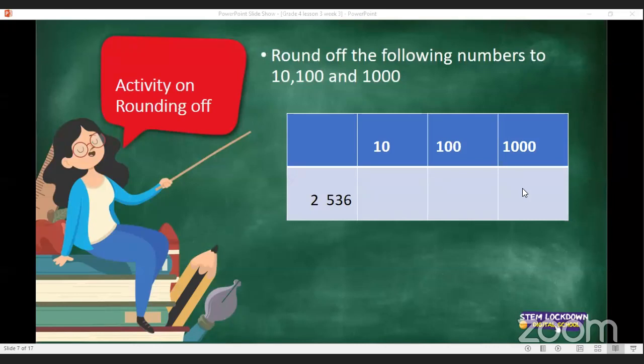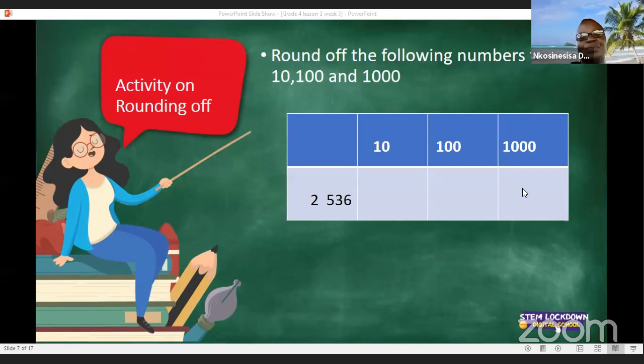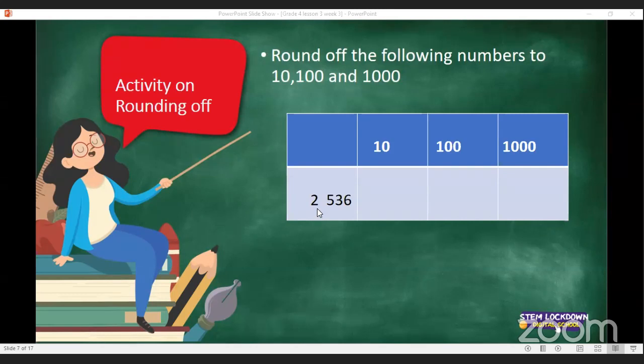Ma'am, you first look at the thousands and then you look next door. Well done. Since it's 5 upwards, we add 1 to 2. And now instead of 2, we're going to have 3, and then 5, 3, and 6 turn into zeros.